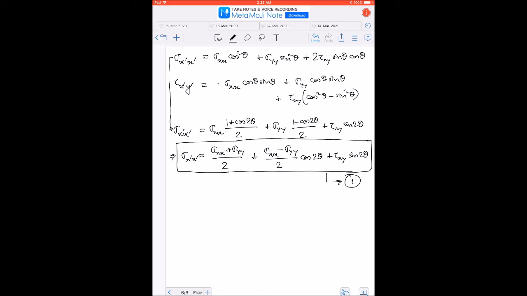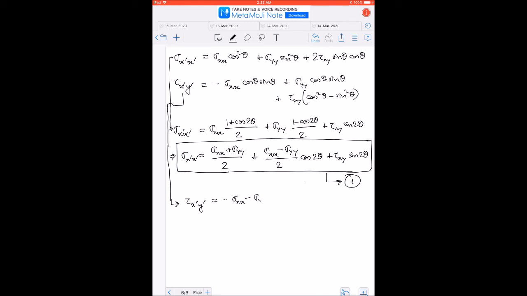Next, we would like to do a similar sort of rearrangement for our tau x dash y dash, where we note that this can be easily simplified.